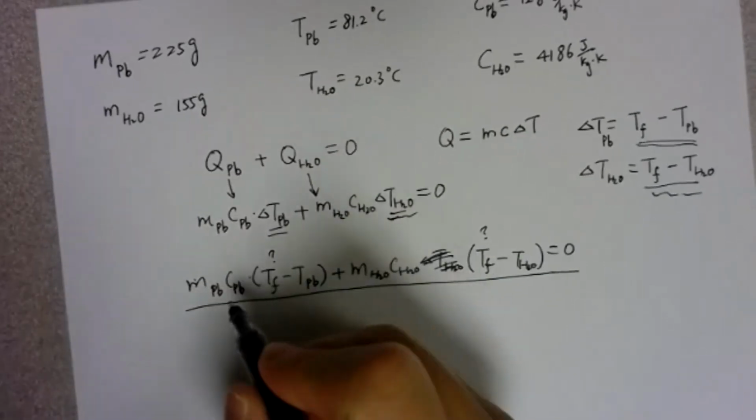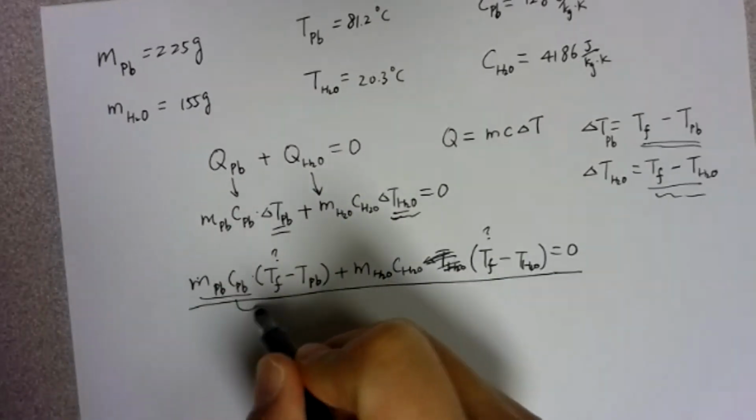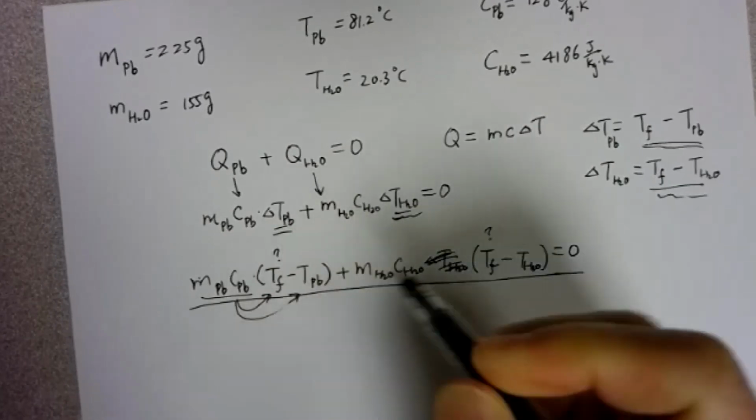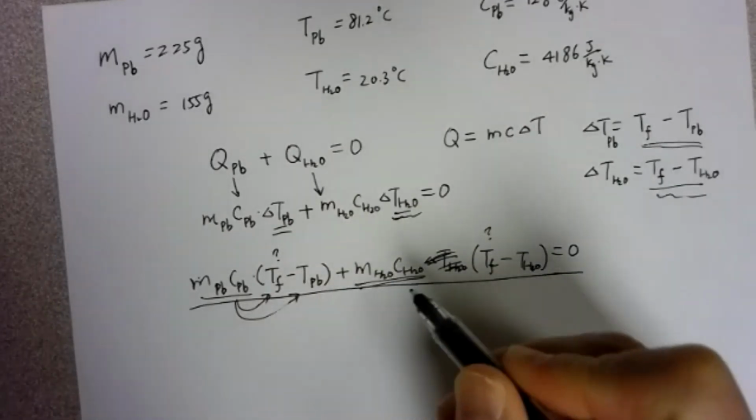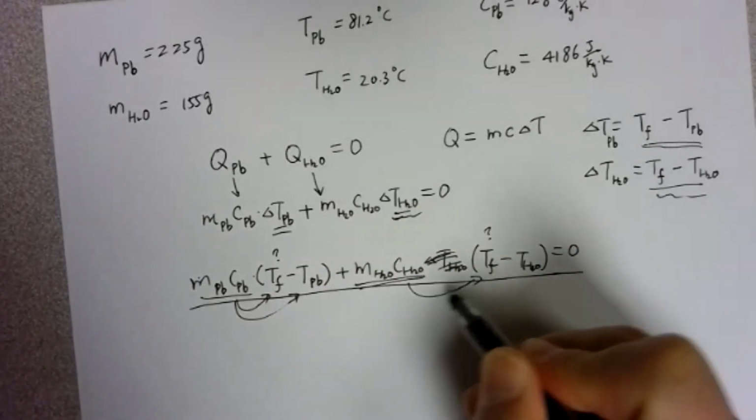So what you do is distribute this guy into the parentheses, and then also this MH2O, CH2O into the parentheses.